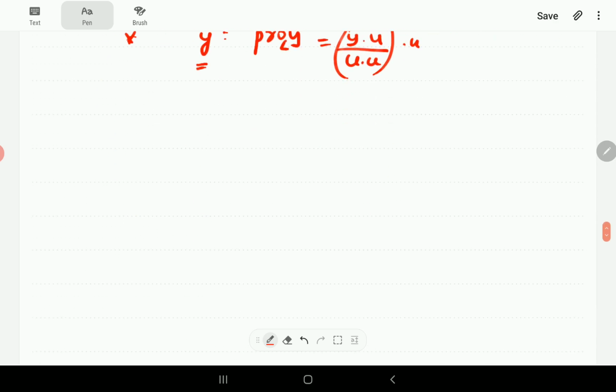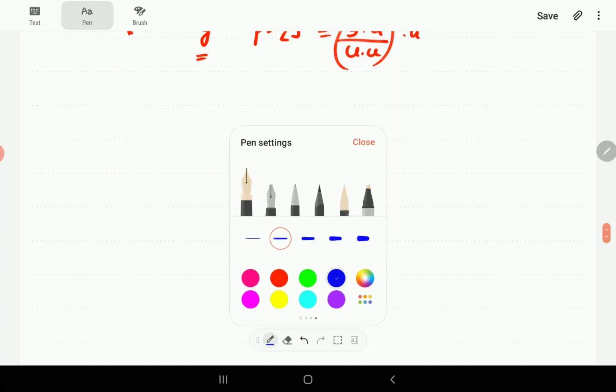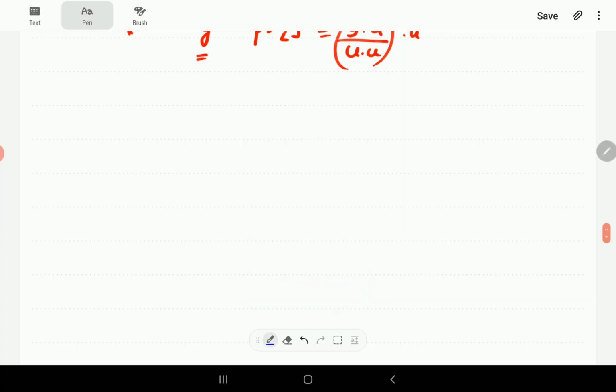Okay, now let us see one example. With the help of an example, let us try to understand this. Suppose we are given, let y is equal to, say, 7 6. This is the vector, and we have a vector, say, u is equal to 4 2.